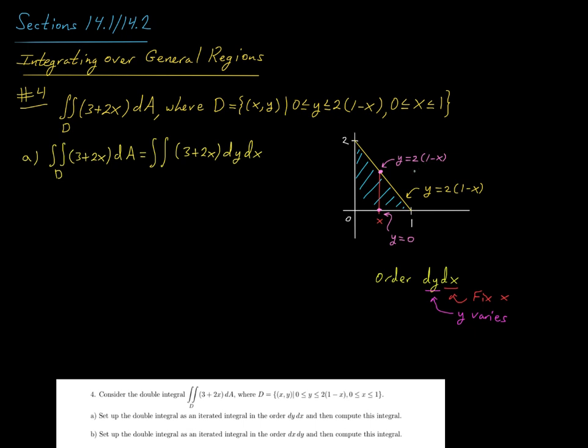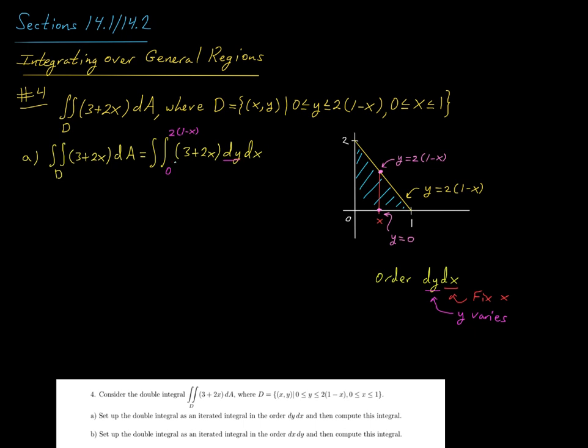Now let's go ahead and set up our integral over here. For our y integral, for the bounds of integration, we're fixing this x here in red, and then y will vary from 0 up to 2 times the quantity 1 minus x.